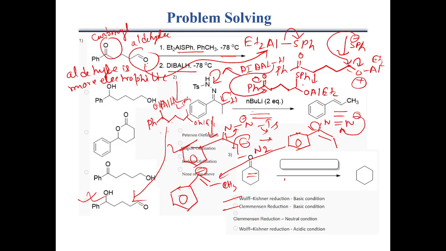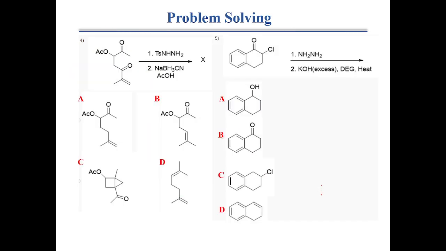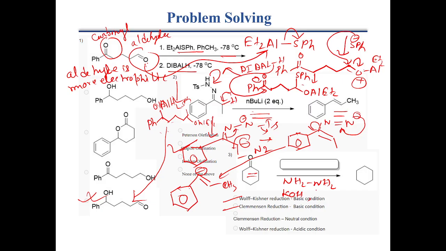So hydrazine, KOH, and ethylene glycol have been used. So if we discuss the mechanism, what happened in this case is the carbonyl reacts with hydrazine to form the hydrazone.